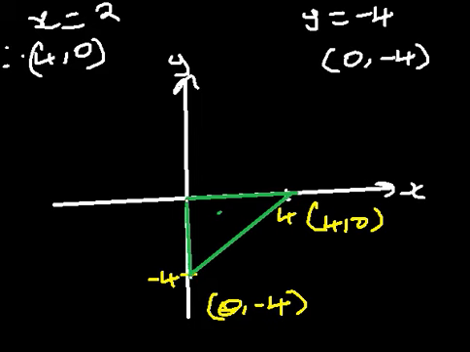So now what we have is a right-angled triangle, of which this is the 90 degrees. So how should we be able to have the area of this triangle bounded by the intercepts? The area is given as half base times height. That's the area of the right-angled triangle.